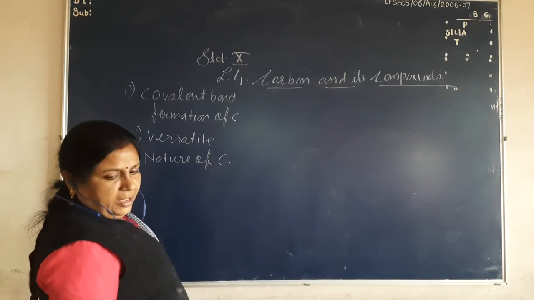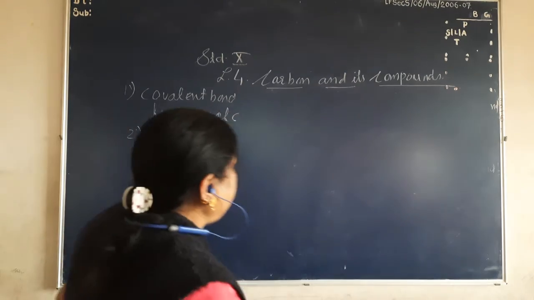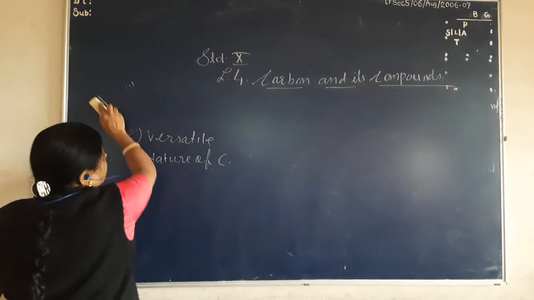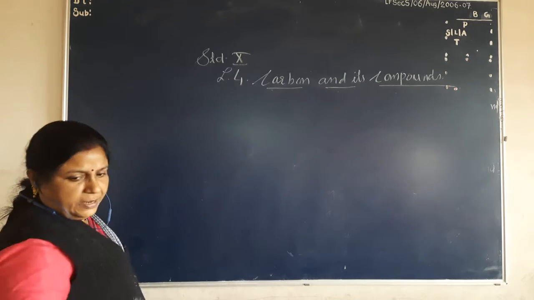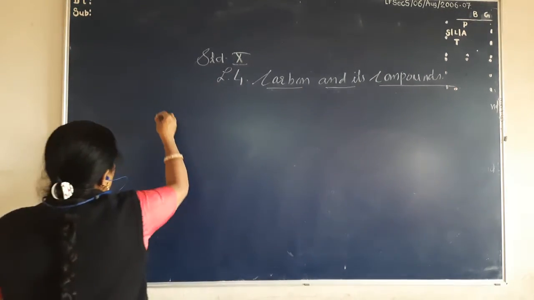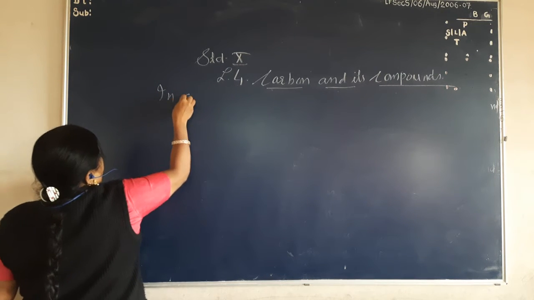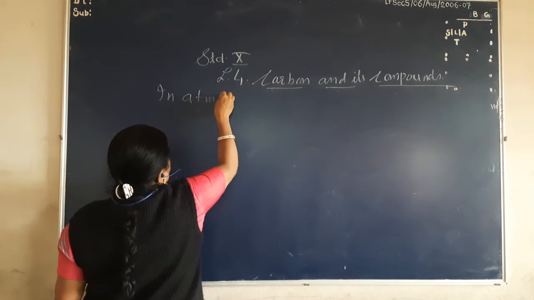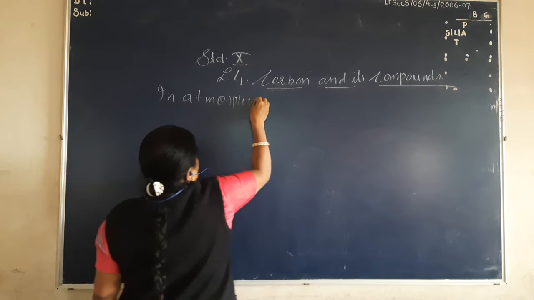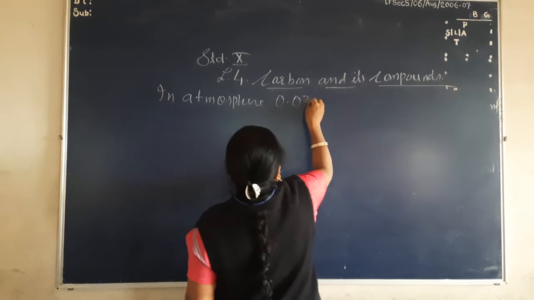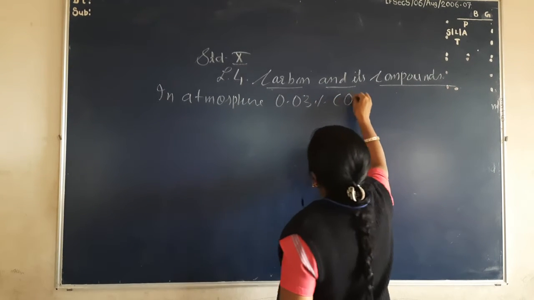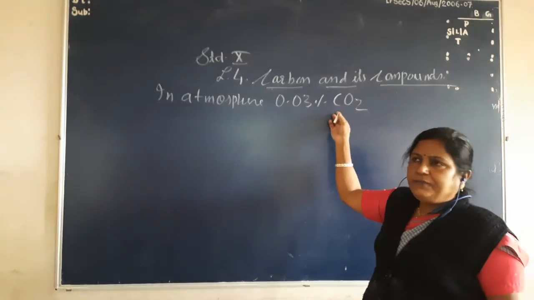If you talk about carbon, in the atmosphere, carbon is 0.03% and it is present as CO2. In the atmosphere, 0.03% CO2 is present. What is CO2, beta? It is a compound of carbon.